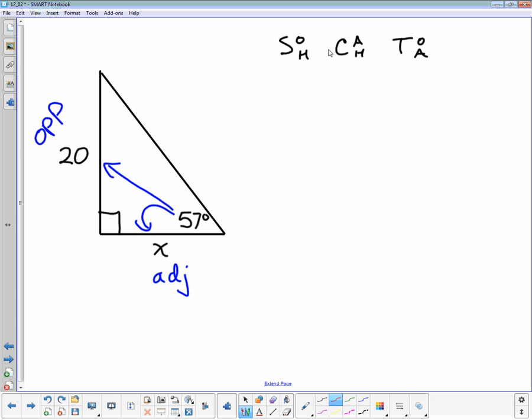Who should I be playing with? Tangent of 57 is my what over my what? Opposite over adjacent, so who over who? 20 over x. How am I going to get x alone?